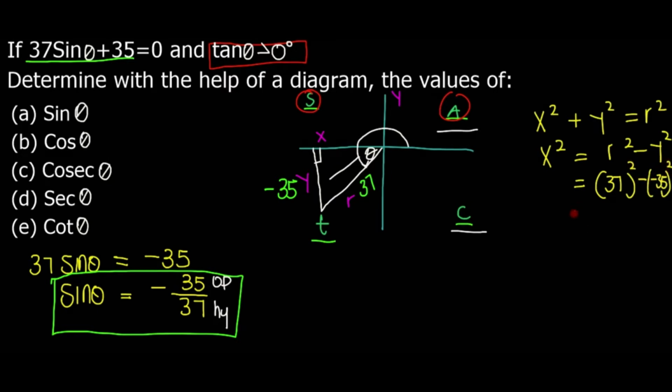So from here 37 squared minus 35 squared gives us 144. This is x squared, but we want x, so we take the square root. This means our x is plus or minus 12, since the square root of 144 is 12. And then remember that here we have negatives and here we have positives, so our x value will be negative.